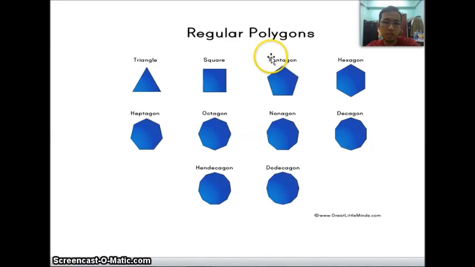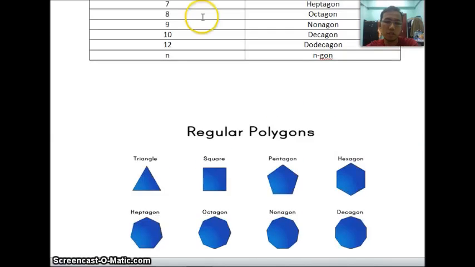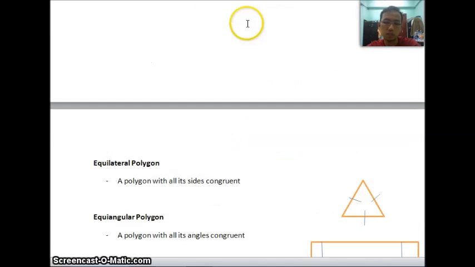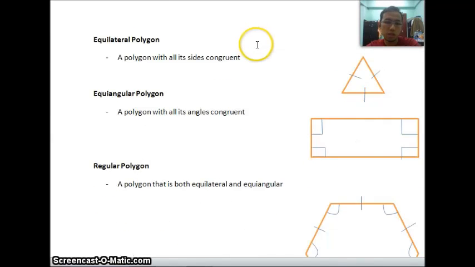Next up, this is just the shapes of the regular polygons that I just classified earlier. So we have square, pentagon, hexagon, heptagon, octagon, nonagon, decagon, hendecagon, and dodecagon. For this one, I will be continuing on classifying as well.